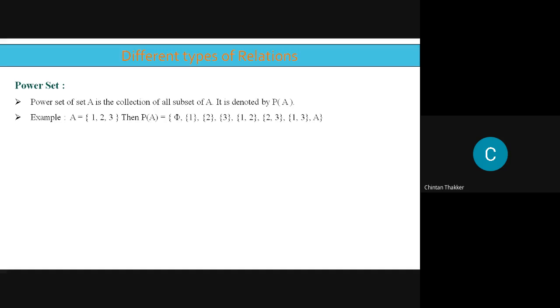The number of subsets of A is 2 raised to n. So the power set contains 2 raised to n elements.